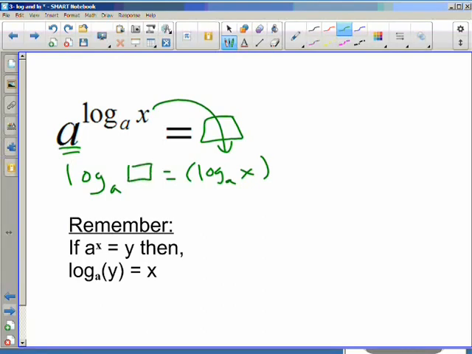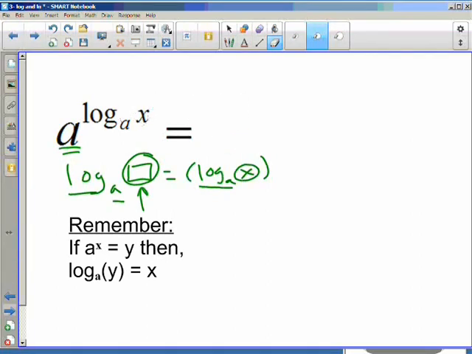We'll just call it box. So what we're saying is, we want that thing. What will it equal? And in this case, equate. If the log base a of what we need equals the log base a of x, then the answer is x. And what's happening is, we're undoing our exponent with a logarithm. The format is really kind of strange looking, but it gets us back our argument. So raising a base to its log of the same base is going to give us our argument back.